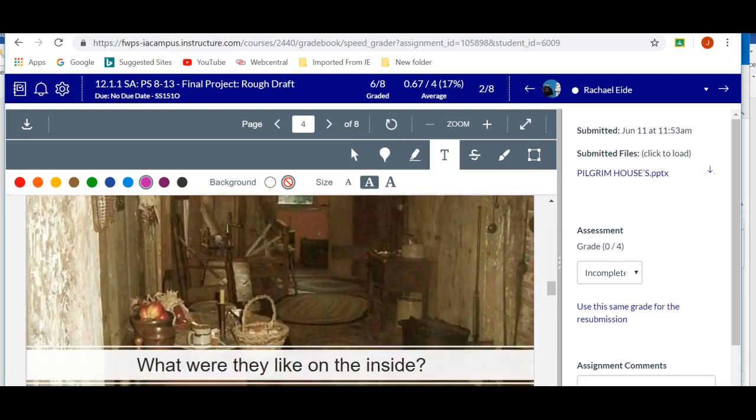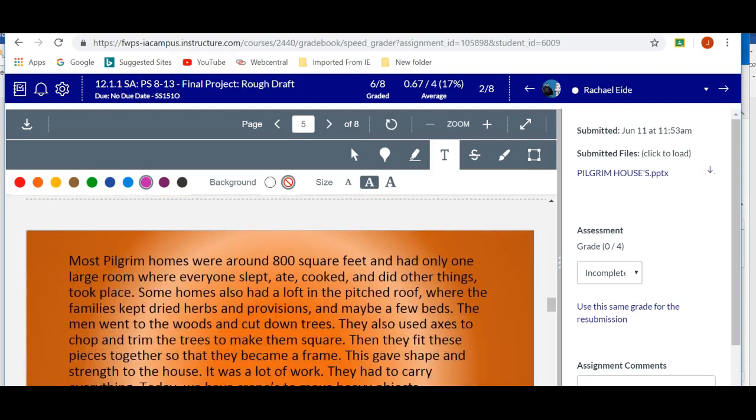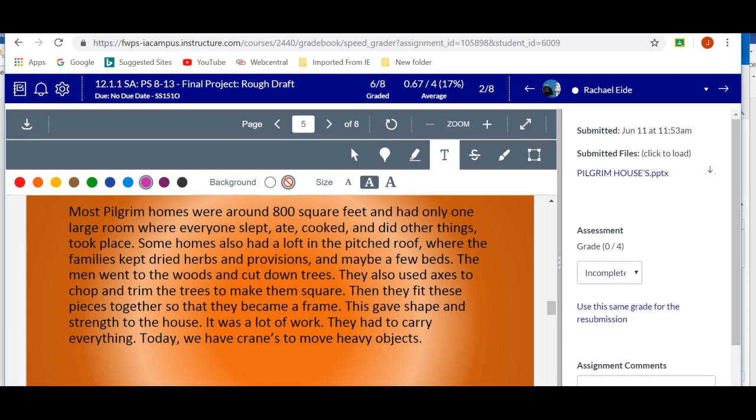And we are going to the next slide, which is the inside of a Pilgrim house. That's good. Okay, so most Pilgrim homes were around 800 square feet and had only one large room where everyone slept, ate, cooked, and did other things. And then you wrote took place. Okay, so choose one.